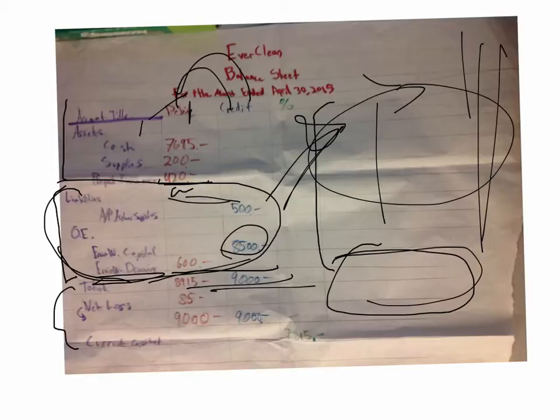So subtract 85, and then also subtract the drawing balance. So subtract 600. So they should have taken 8,500 minus 685, and then put that as the capital and get rid of the drawing. And that's it.